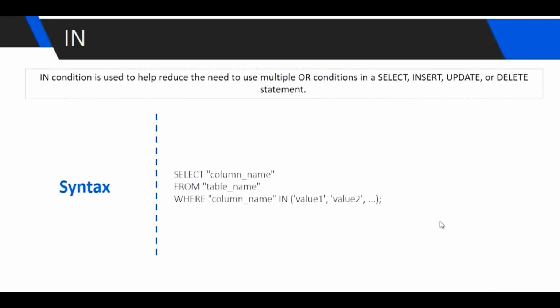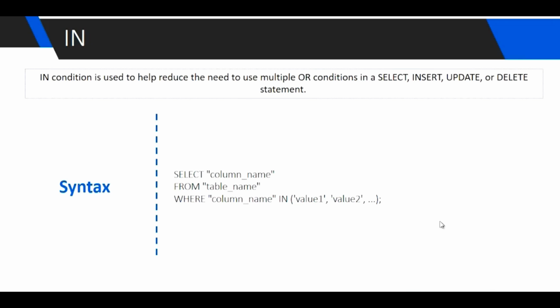So now we will be starting with the querying commands. We started with query commands when we discussed select and where statement. If you remember, we retrieved data using the select statement from a particular table, and then we specified conditions using the where statement. Also, we discussed the OR and logical operators, which helped specify multiple conditions on the where statement. Now we will be discussing the in condition.